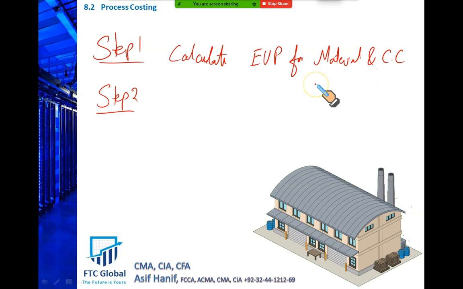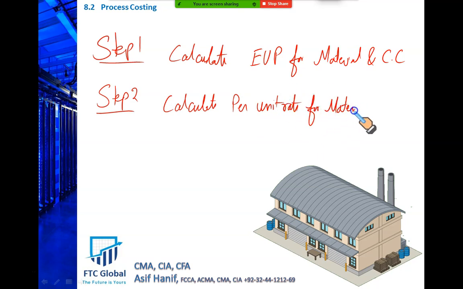Once we have calculated EUP for material and conversion cost, next step is to calculate per unit rate for material and conversion cost equivalent units of production. I will explain these steps in detail today so you fully understand what is process costing. In the second step, you need to calculate per unit rate for material and conversion cost.